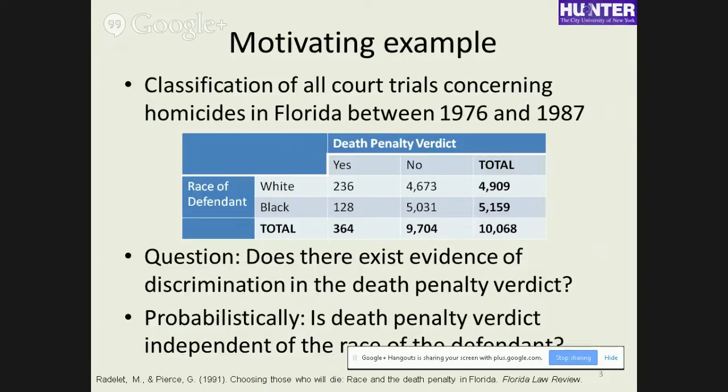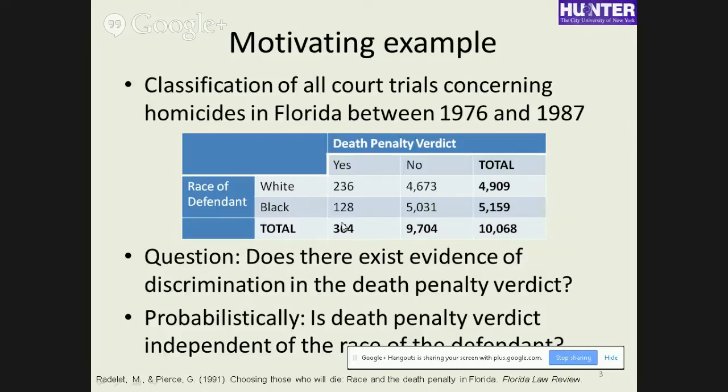So they had about 10,000 cases. Here's the 2x2 table. So the basic two variables are whether or not the death penalty was given to that defendant, and the race of the defendant.